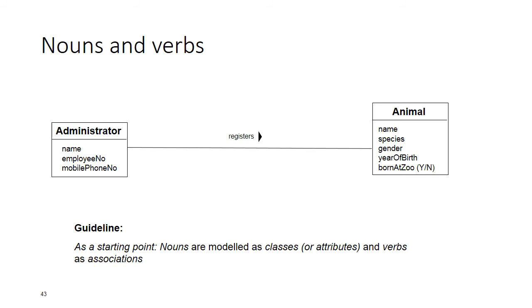I will now end this long presentation with some guidelines that we can use. When you start modeling a conceptual model, you can have as a starting guideline that nouns are modeled as classes or attributes, and verbs as associations.